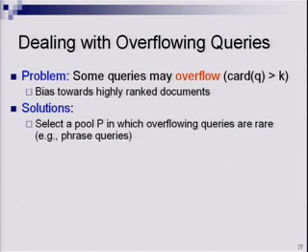So what are our solutions? First, when you create the query pool, you try somehow to create a pool of queries that do not overflow. For example, if you take phrase queries, it's better than taking conjunctions. Conjunctions will be more likely to overflow, and single terms are very likely to overflow. But phrase queries, if the phrase is long enough, are less likely to overflow.